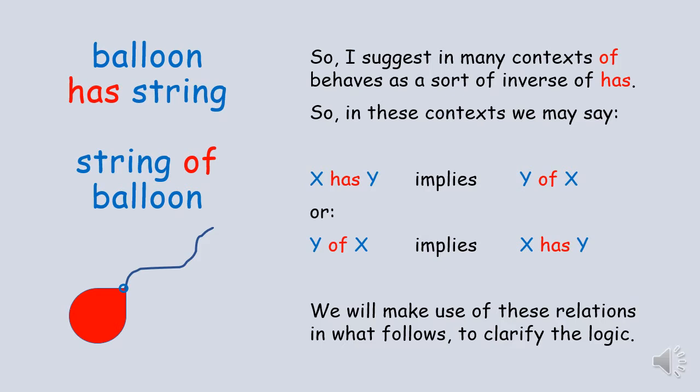So I suggest that in many contexts, of behaves as a sort of inverse of has. So in these contexts, we may say X has Y implies Y of X, or Y of X implies X has Y. We're going to make use of these relations in what follows to clarify the underlying logic.